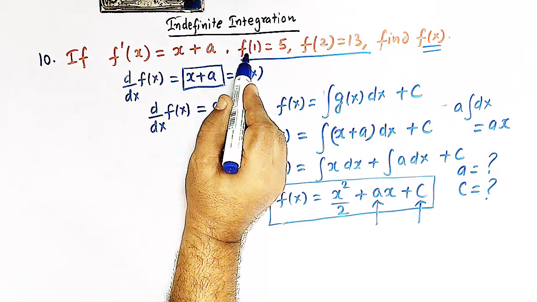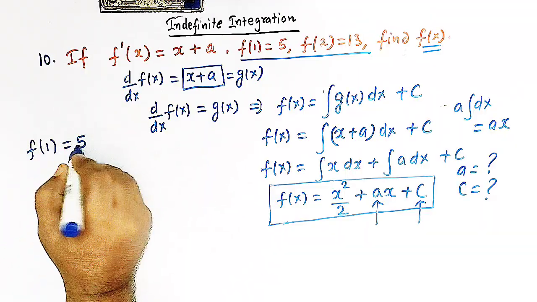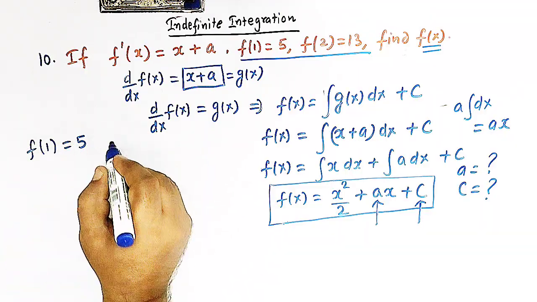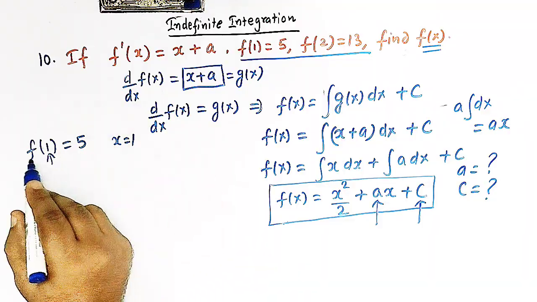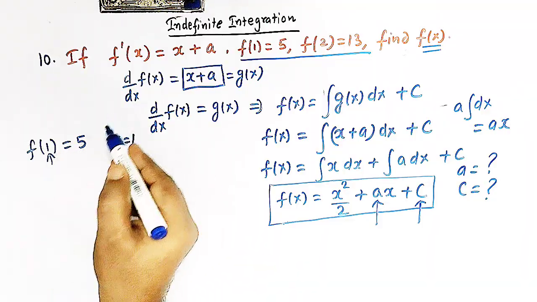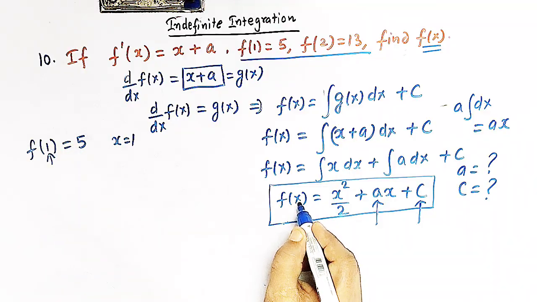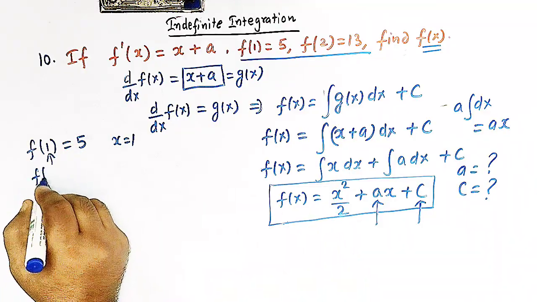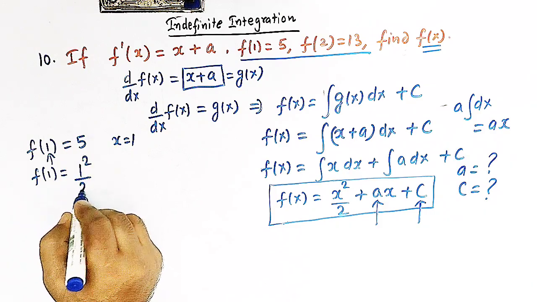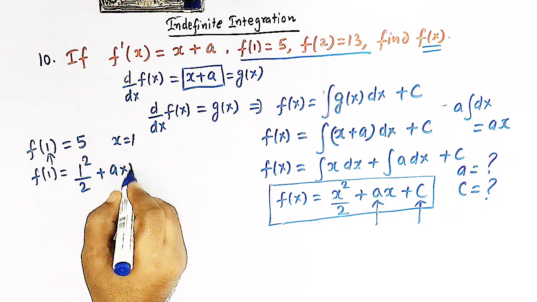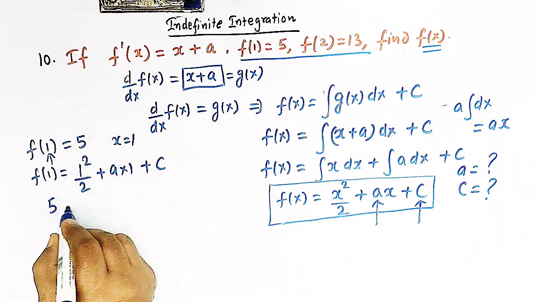So let us first make use of this condition, f of 1 is equal to 5. Here we have x is equal to 1, and f of 1 is given as 5. So taking x is equal to 1 in this expression, we have f of 1 is equal to 1 square over 2 plus a times 1 plus c, and f of 1 is equal to 5.